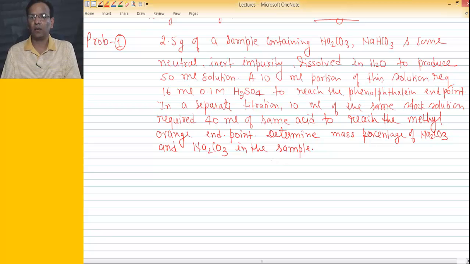Now this question is regarding analysis of a sample containing sodium carbonate, sodium bicarbonate.